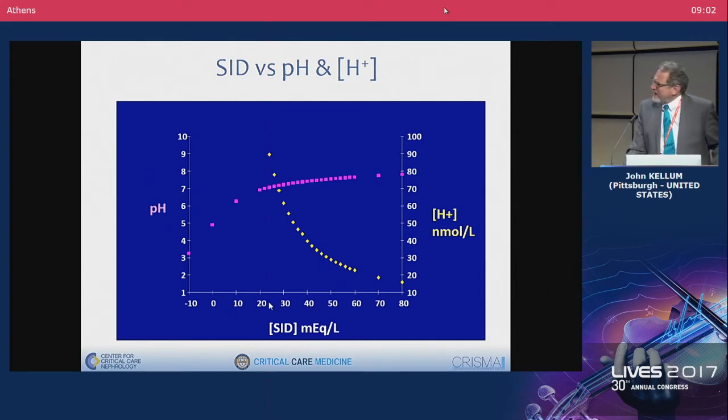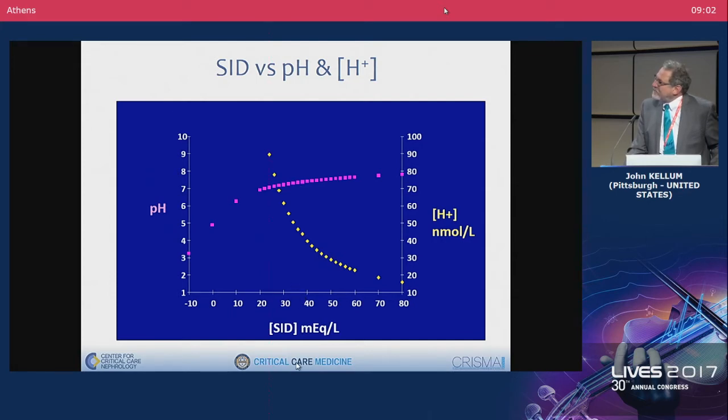Our critically ill patients might have a strong ion difference closer to 30 because they lack the weak acids, albumin and phosphate, particularly albumin, to keep that in check so that you wind up with a normal pH. So critically ill patients might start with 30 or 35.